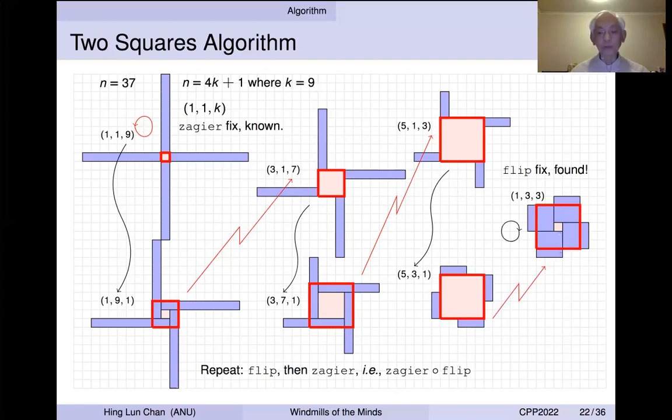And when we have the flip fixed point, we can extract the two squares for the number n. So we start from here, the non-Zagier fixed, doing flip Zagier, or what we call a composition of flip and Zagier, and then we can arrive at the flip fixed point.